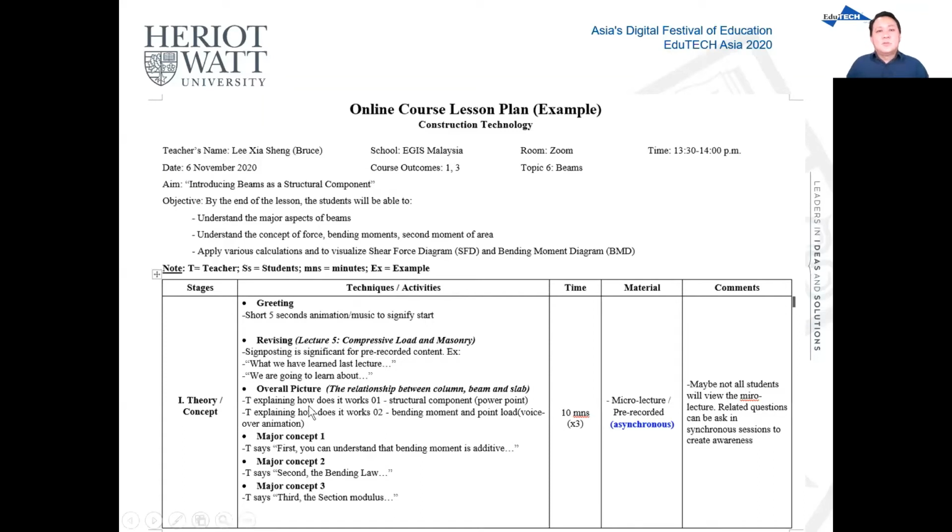We can also provide a very good overall picture of the whole learning content they are going to absorb. You can also separate the content into different mini chapters, such as major concept 1, major concept 2, and major concept 3.